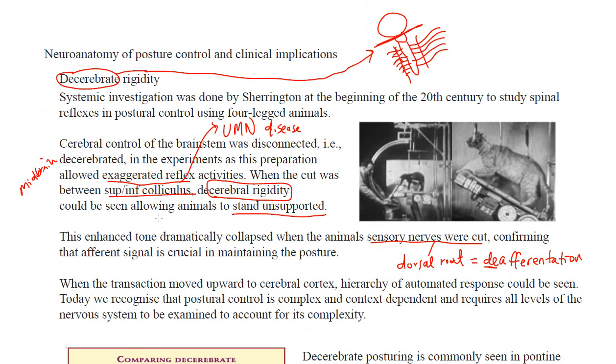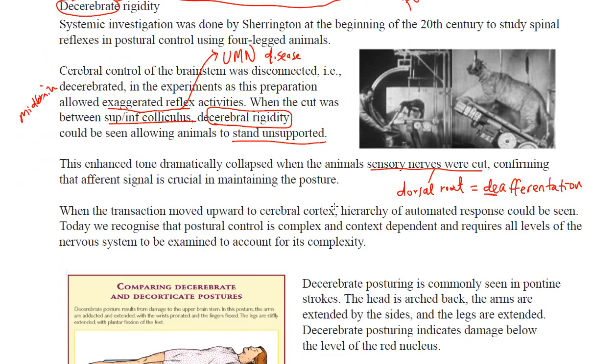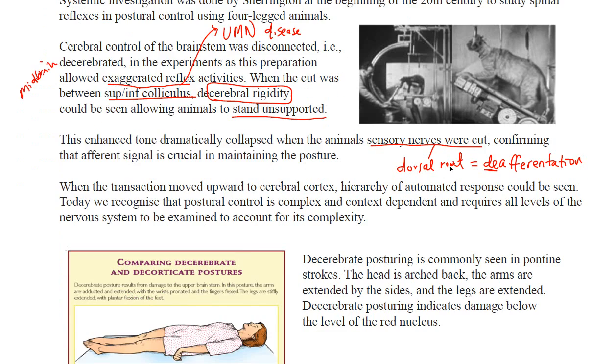So from this inferior and superior colliculus, what the scientists did was move the severing location slightly upwards. So more and more of the influence of the cerebrum would be shown in this preparation, and as a result automated responses could be seen.